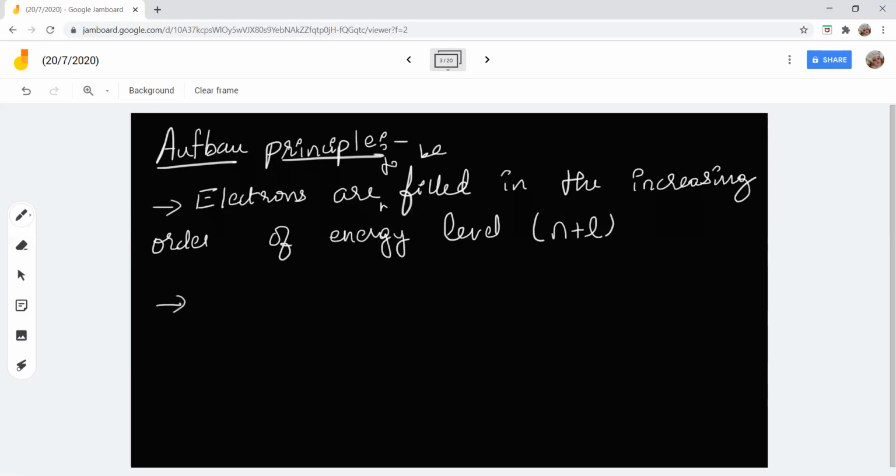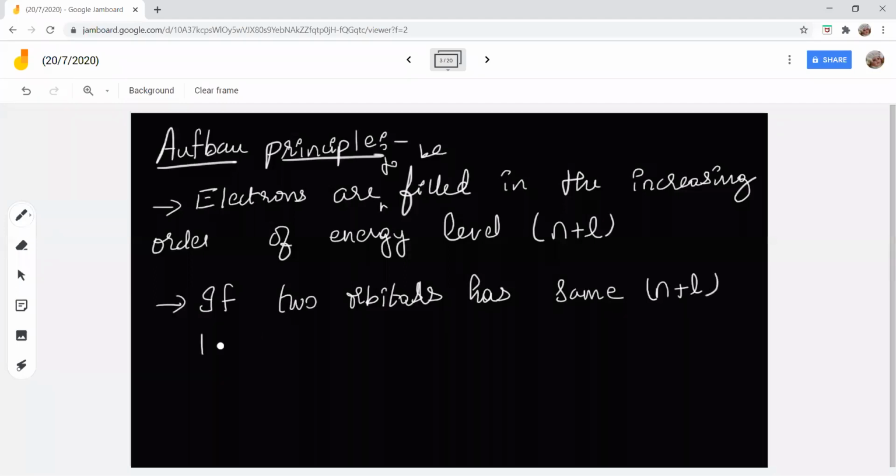Next rule that I said you is, if two orbitals have same n plus L value, the orbital with lower n value gets filled first.